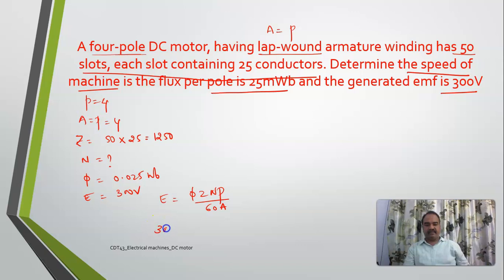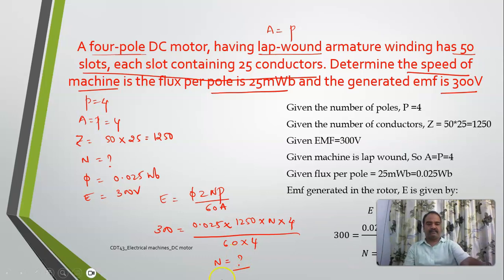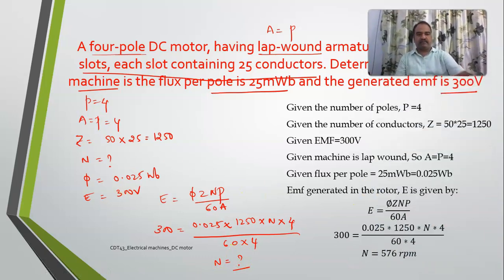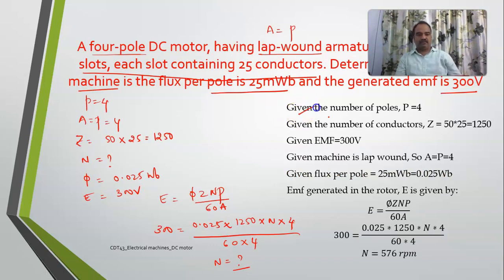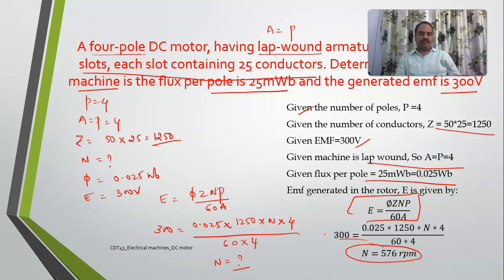E is already given as 300, flux 0.025, Z is 1250, and you need to find N, P is 4, 60 into 4. Number of poles is 4, Z is 1250, EMF is 300, lap wound so A is equal to P is equal to 4. Solve it, you will get 576 rpm. This is the speed of your rotor.